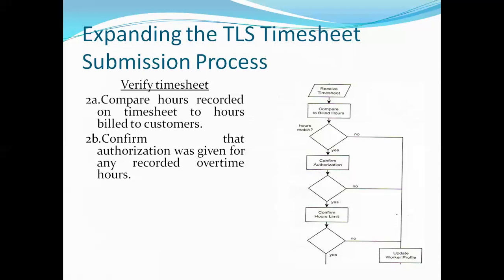Then the next step is to confirm that authorization was given for any recorded overtime. Suppose that in 2 hours the customer-side job is not over. In that case, the employee takes 1 additional hour of overtime and solves the job, and the customer gives authorization for that additional hour.